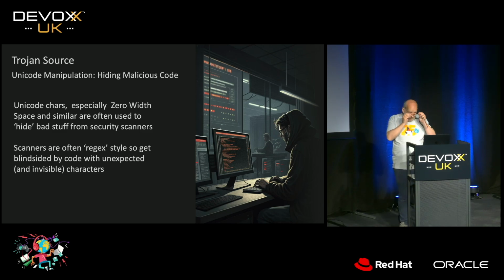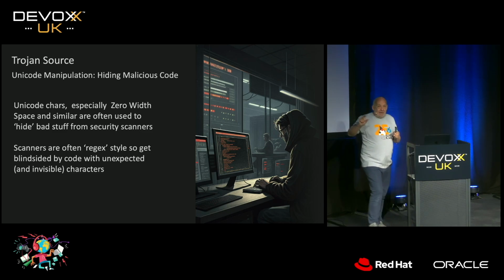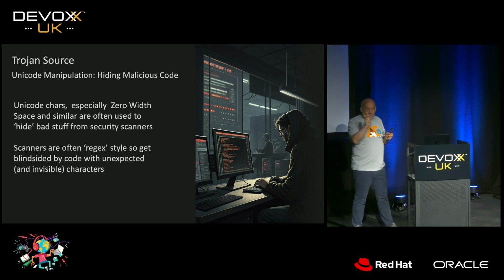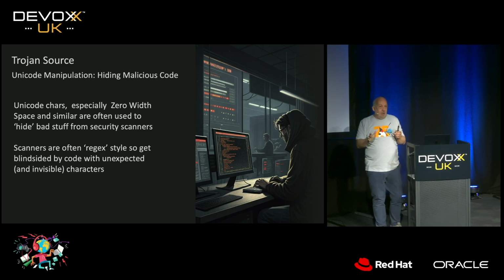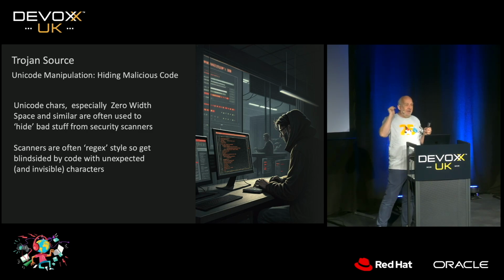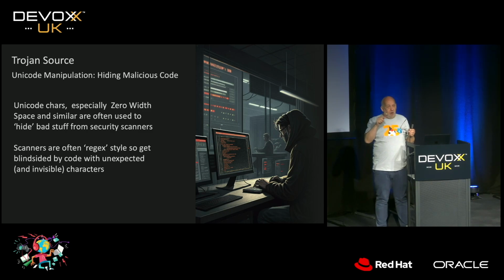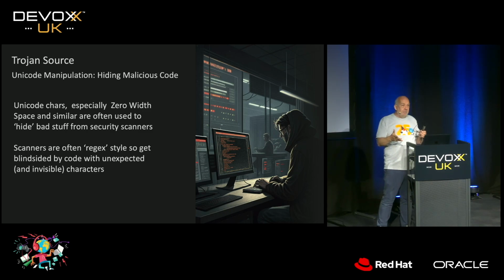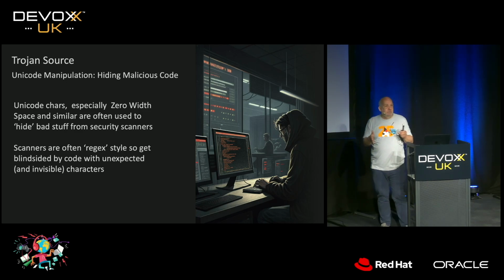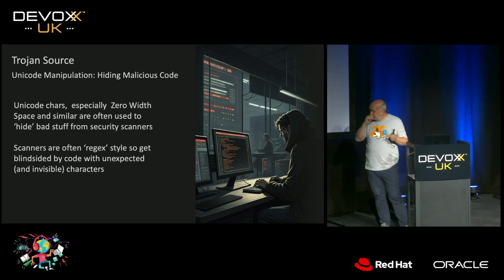Right. And there's this thing called zero width space, which is a really classic one. So the zero width space takes up no pixels. You will not see it in your text unless you ask the text editor to display them. But compilers won't care, depending where they are. It may even fail.